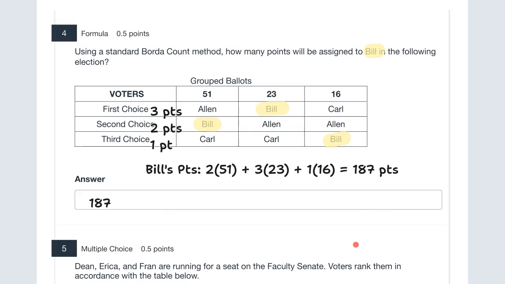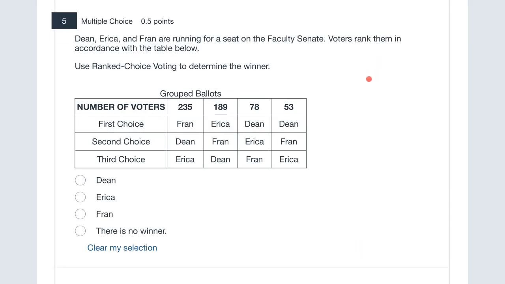Number 5, Dean, Erica, and Fran are running for the Faculty Senate. We're going to use ranked choice voting. So the first thing we have to do is determine the total number of voters.